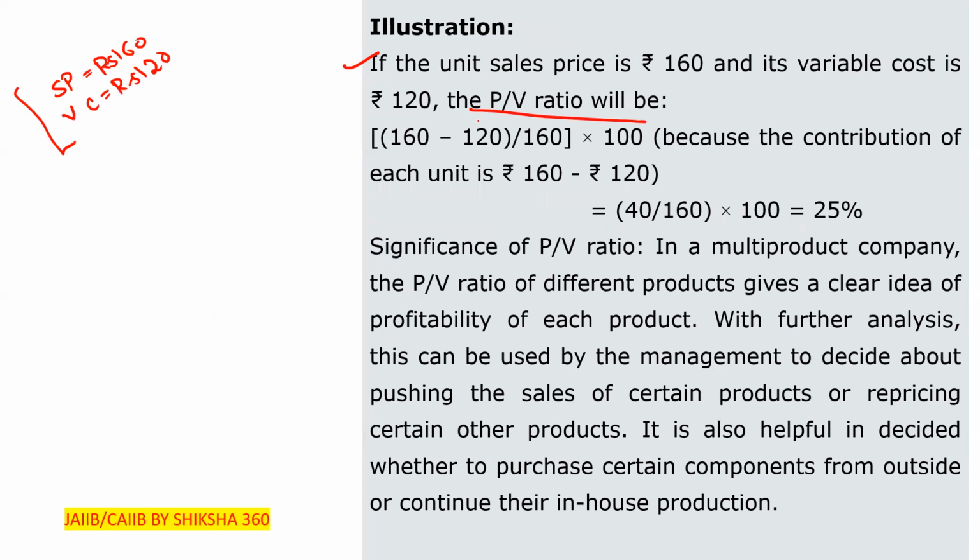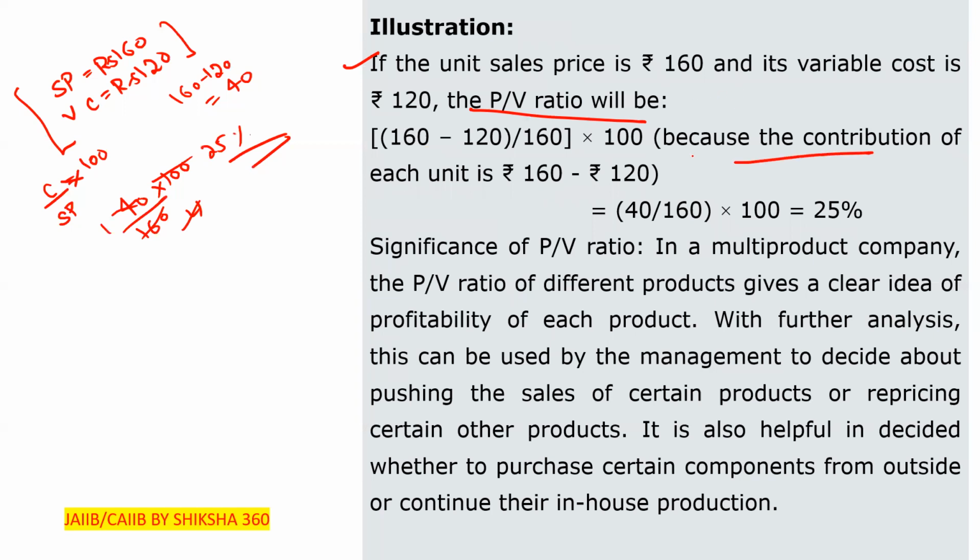PV ratio is contribution upon SP into 100. The contribution is 160 minus 120, that is rupees 40, upon 160 into 100. So 25% is the PV ratio, because the contribution of each unit is 40 rupees. So 40 upon 160 into 100 is 25%.